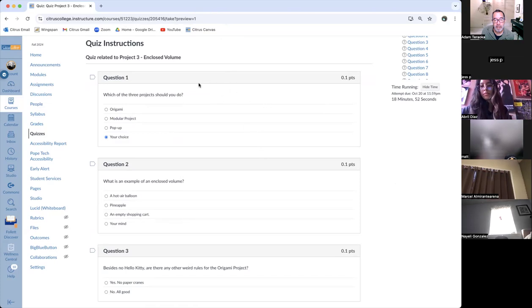That's a direct message, but that's also correct. Yeah. Hot air balloon. A pineapple would be a volume with mass, like project 1. Shopping cart would be an implied volume, like project 2. And an enclosed volume, it would be a hot air balloon.